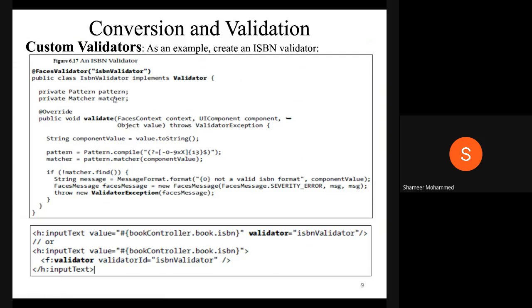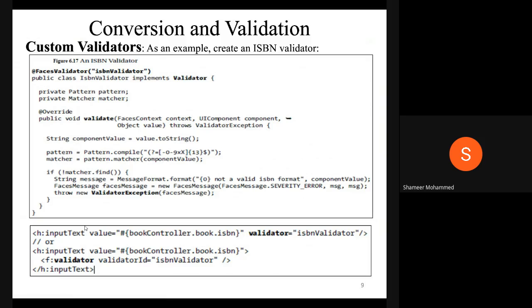My ISBN number should contain digits only from 0 to 9. And it must use some hyphens. And it must have 13 digits in length. So this is called the pattern. So I am checking this pattern against the data you are typing. If the pattern and the typed data match, okay, otherwise you throw the error message to the user.